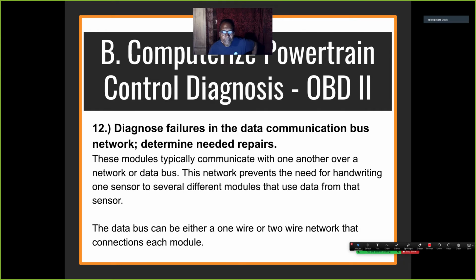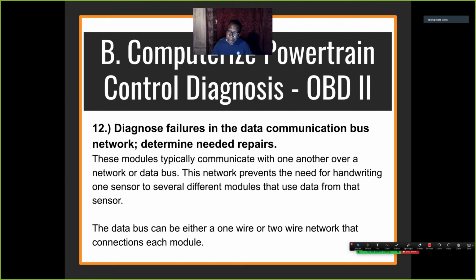Here's the other one: diagnose failures of communication bus lines. I think on the whole ASE test, this is the hardest question that they can ask. These modules typically communicate with one another over a network or data bus. This network prevents the need for hardwiring one sensor to several different modules that use data from that sensor.